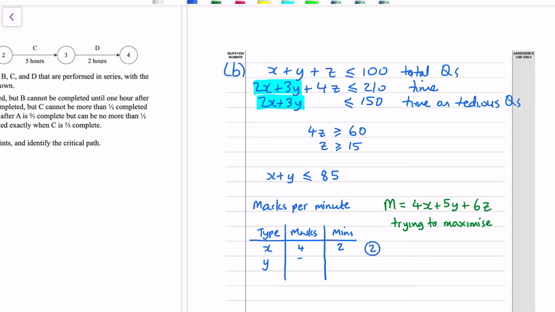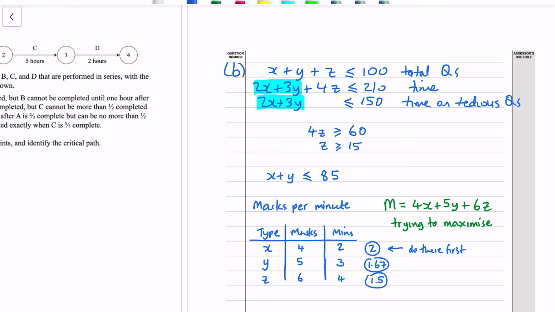Type Y gives you 5 marks and they take 3 minutes to do. So 5 divided by 3 gives 1.67 marks per minute. And then Z they give you 6 marks, but the time they take is 4 minutes, so that only gives you 1.5 marks per minute. So it's optimal to spend your time doing as much of the basic ones as possible. Do these first.